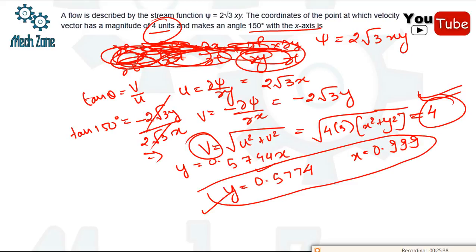So this was also an important question. Now for this question we will be using the concept here. A two-dimensional pressure P equals 4x cube minus 2y square is associated with the velocity field given by V equals (x square minus y square plus x) i cap minus (2xy plus y) j cap.